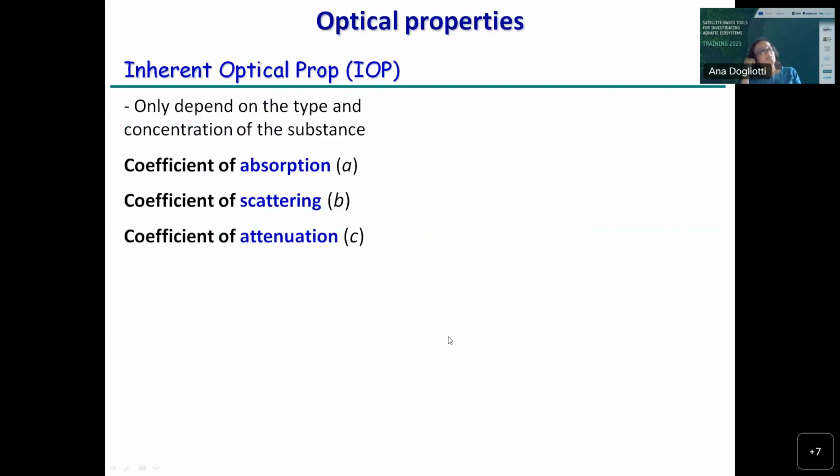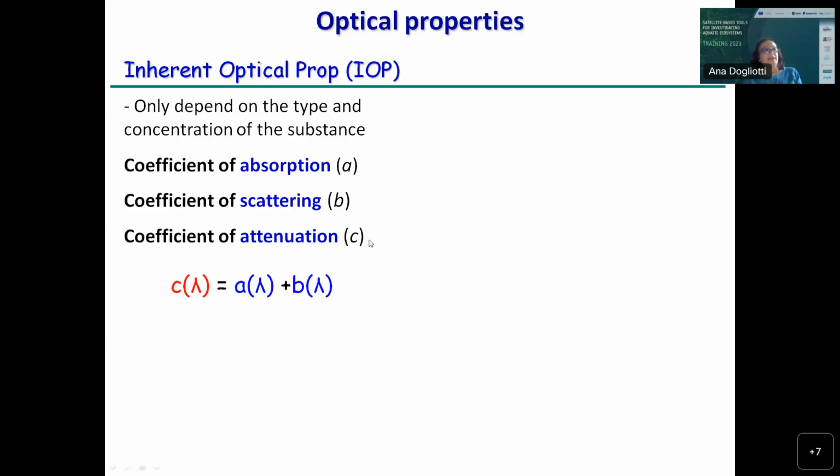So here's some definitions that are very useful to have in mind when we talk about the inherent optical properties versus the apparent optical properties. What I've been talking about, absorption and scattering, are both inherent optical properties. And the characteristic is that they only depend on the type and concentration of the substance.